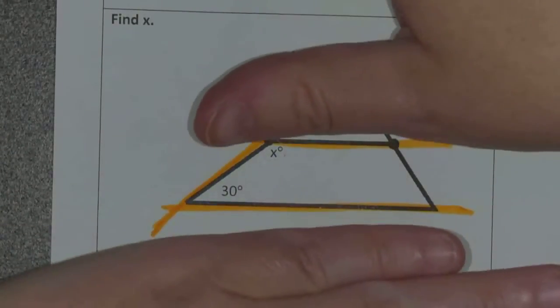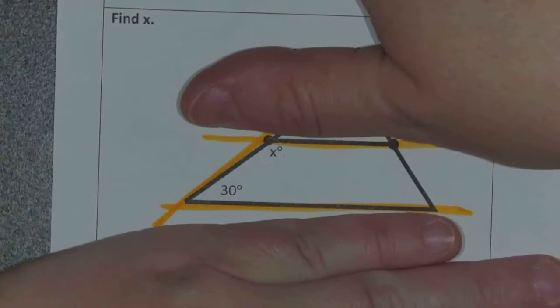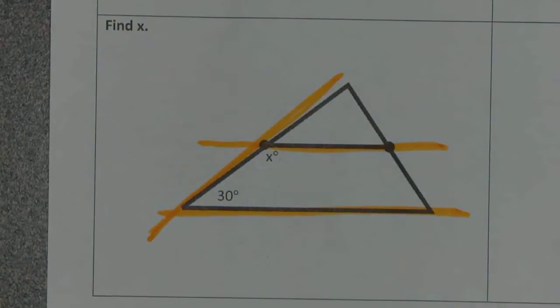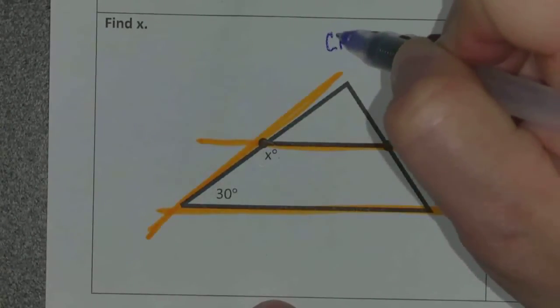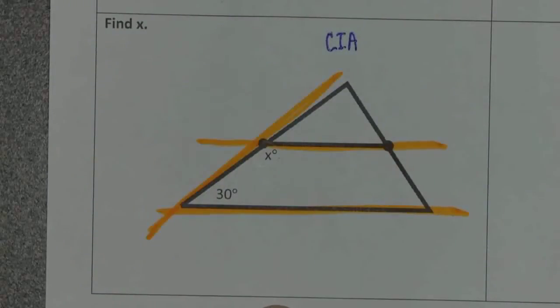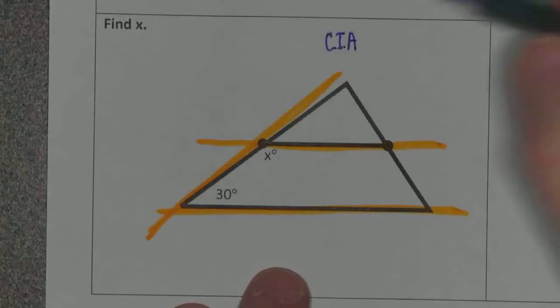They're inside the parallel lines. There's nothing in between them. So they're called consecutive. Yeah. They're consecutive interior angles.